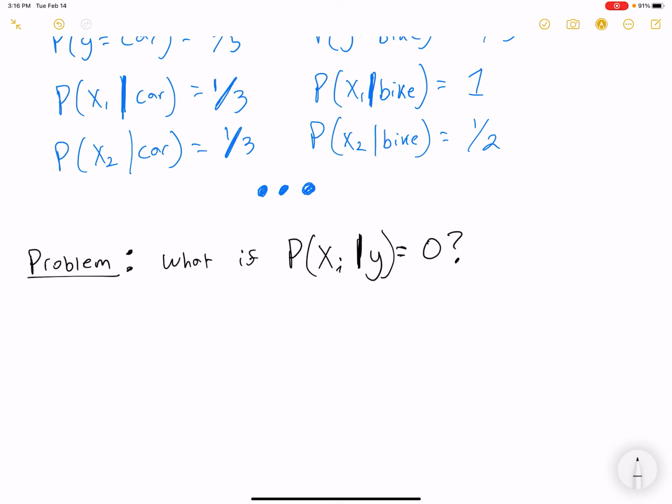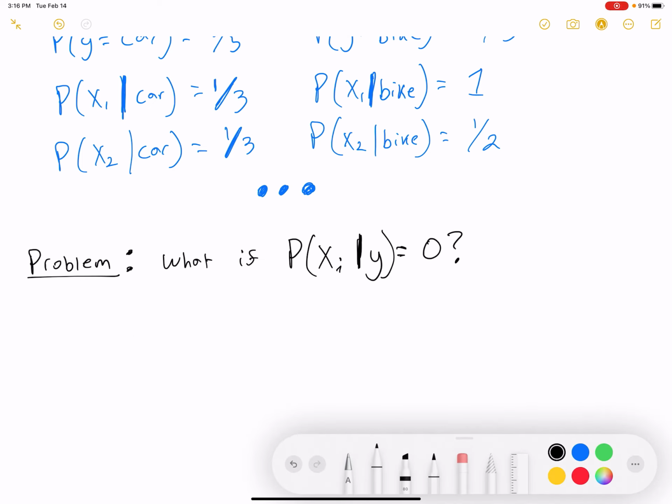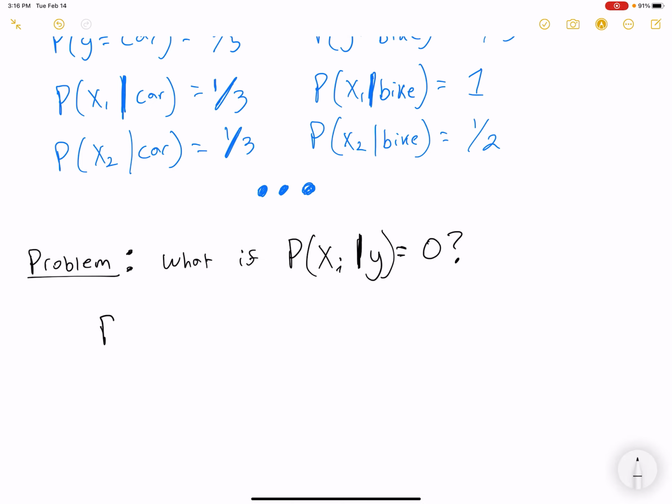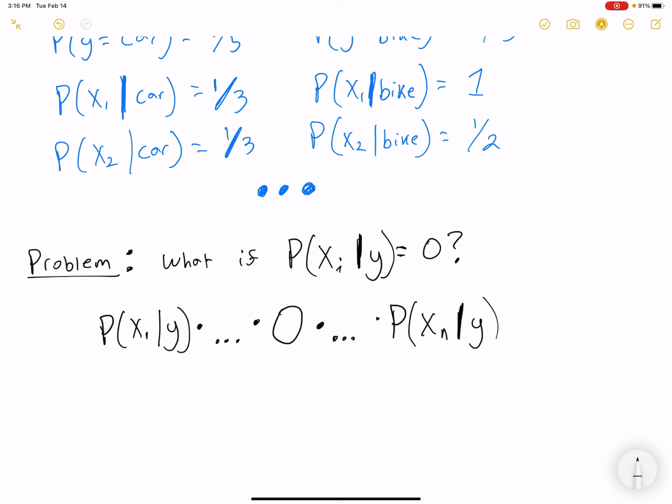Well, when we're multiplying out the probabilities, we'd have probability of x1 given y times dot dot dot times 0 times dot dot dot times probability of xn given y times probability of y. That's what we calculate, and that comes out to be 0.